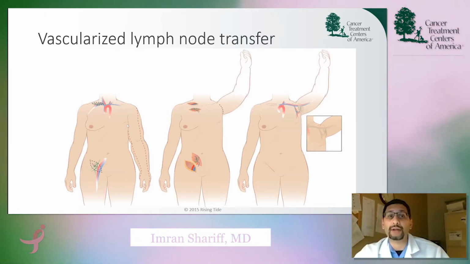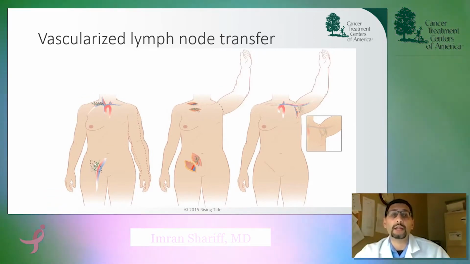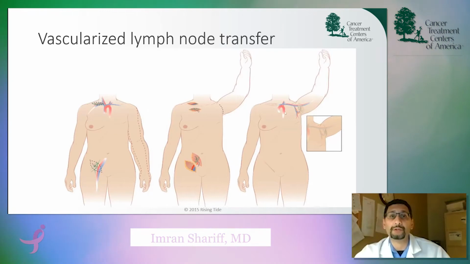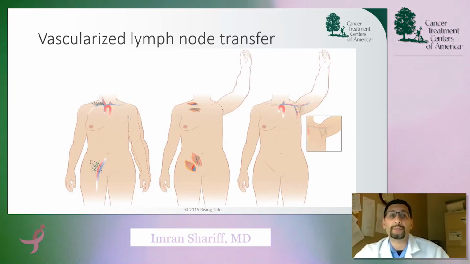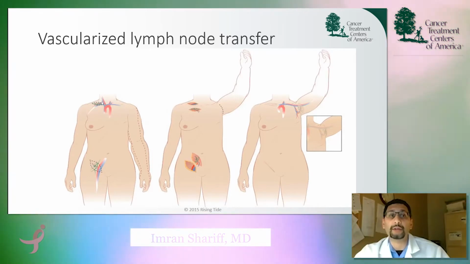Now, during breast reconstruction, this can be done at the time of surgery, where a lymph node, artery, and vein is removed from the lower abdominal area and inserted here, as you see here. Or it can be taken from other areas of the body, such as the collarbone area, the chin.